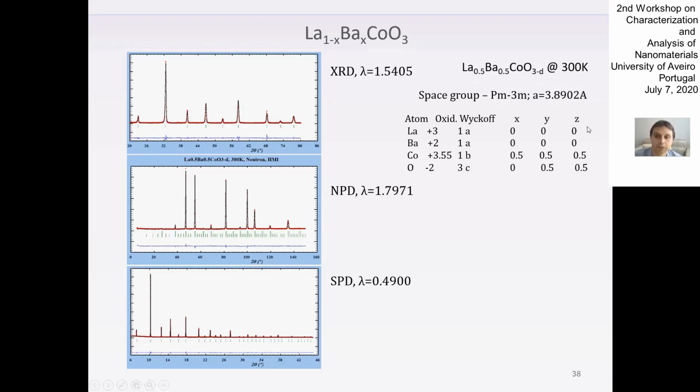The coordinates of the ions are fixed because it's cubic, so it's quite easy to refine. The only parameter we can refine is the unit cell parameter A, because A is equal to B and equal to C in the case of cubic structure.